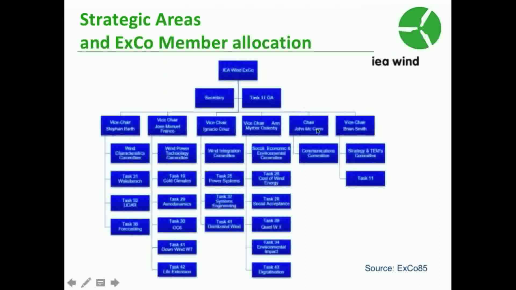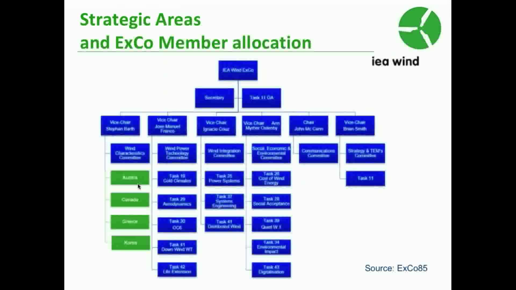They have also reorganized the whole EXCO into different thematic vice chairs. So we are in the wind characteristics branch, which is chaired by Stefan Barth. And you see that there are other tasks in the same branch.